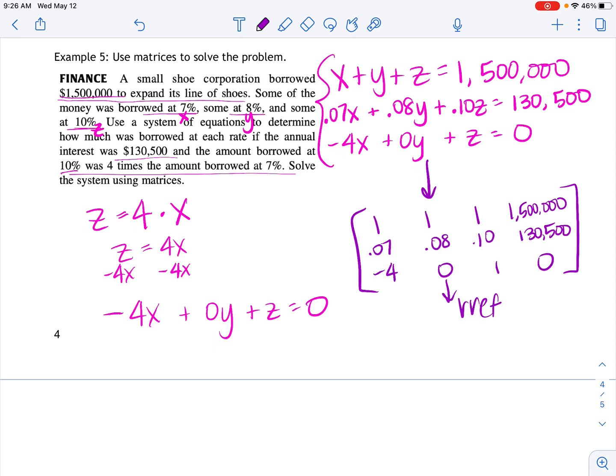It's a 3 by 4. 1,500,000. 0.07, 0.08, 0.10, 130,500. And then negative 4, 0, 1, 0.